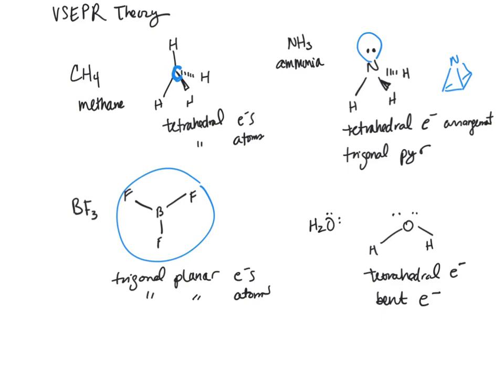Oh, let's do one more example. BeH2. Here we've got no lone pairs, and that means that we have a linear molecule with a geometry of 180 degrees.